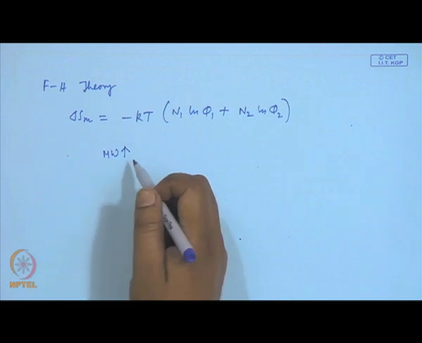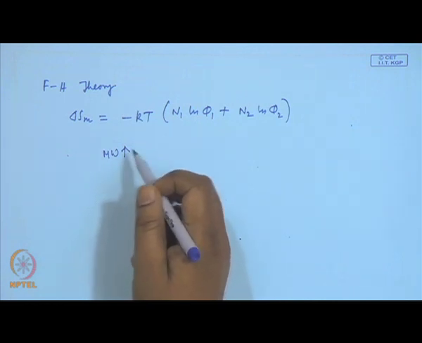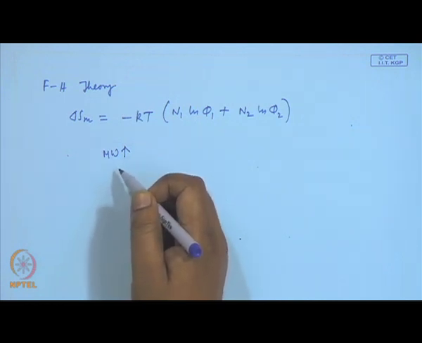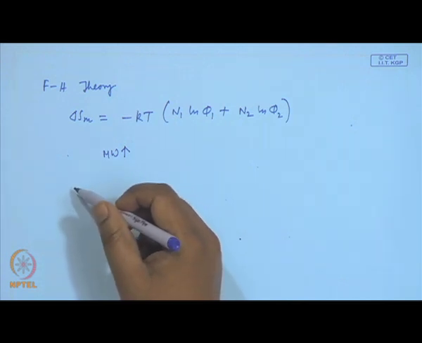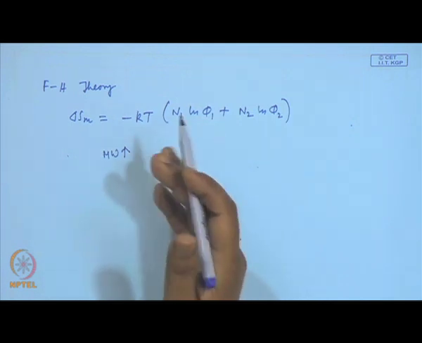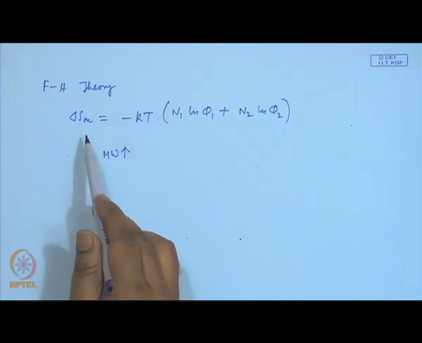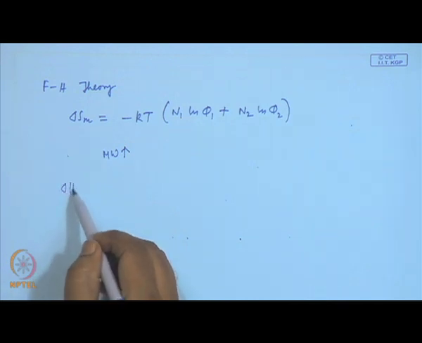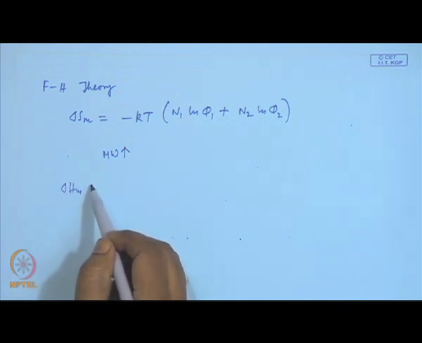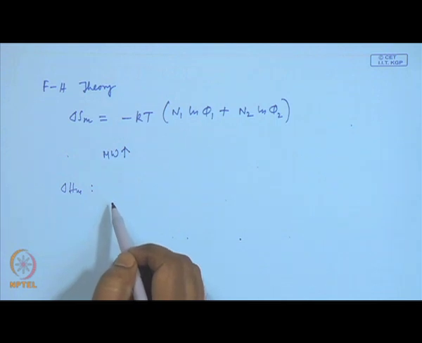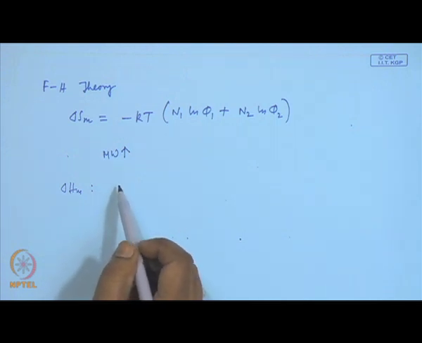If you have very high molecular weight, then the entropy of mixing is basically negligible. So, high molecular weight blends, or polymer mixing, is not entropy driven. It is basically the enthalpy of mixing that determines whether two polymers will be miscible or not.